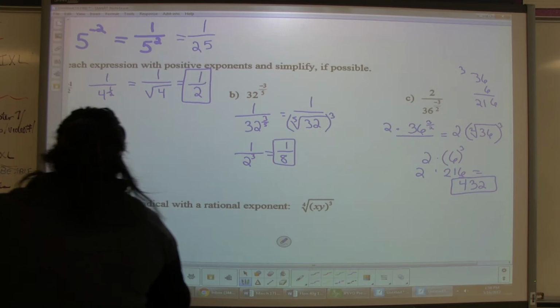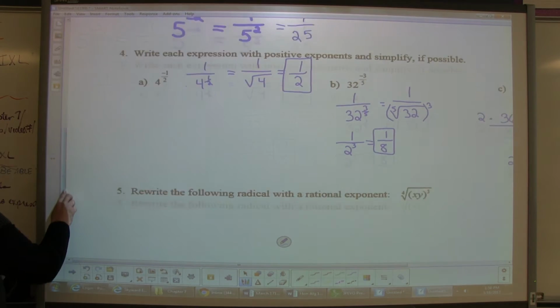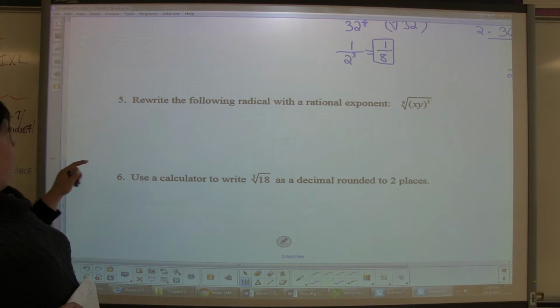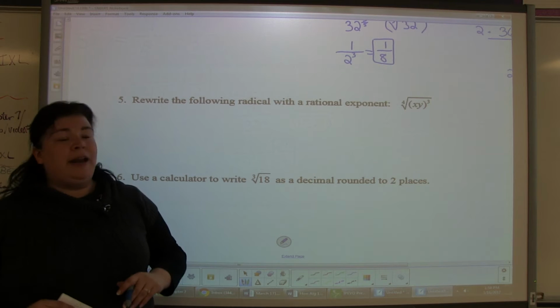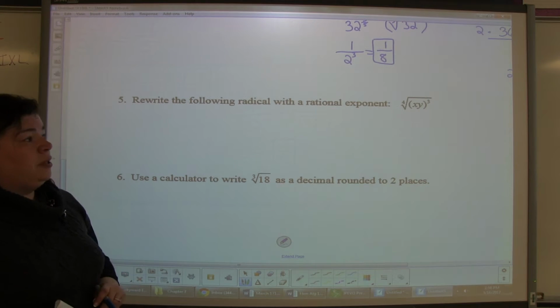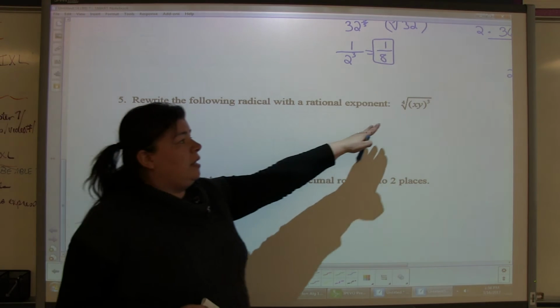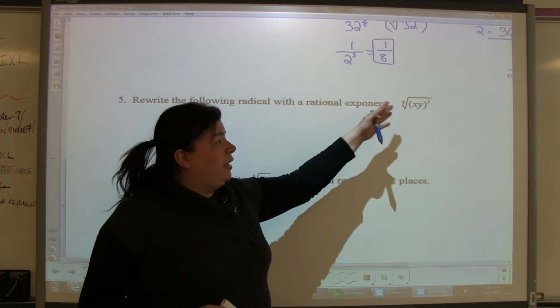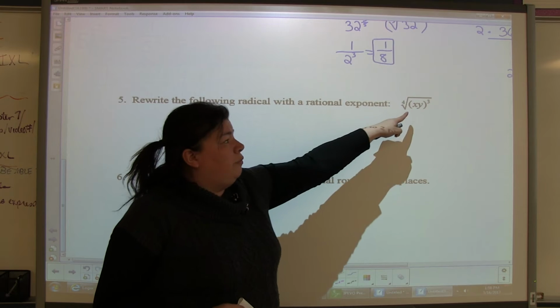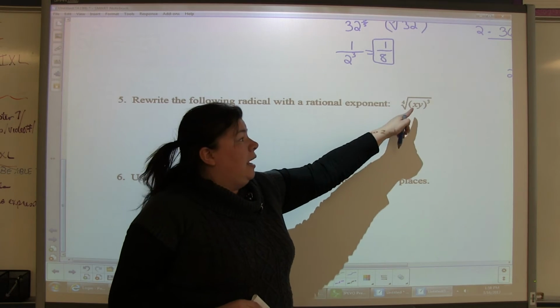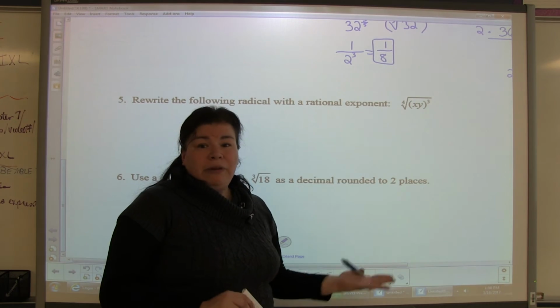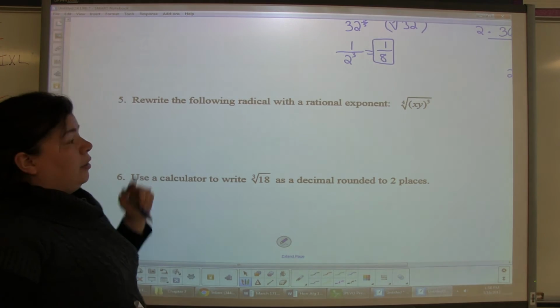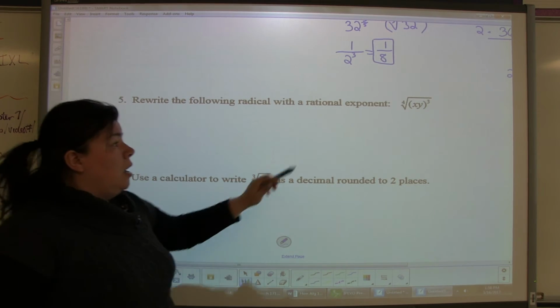And for number 5, they want us to rewrite the following radical with a rational exponent. So basically what we're doing is we're actually working backwards. We're given the radicand and index and exponent, but we're going to rewrite it in exponent form.